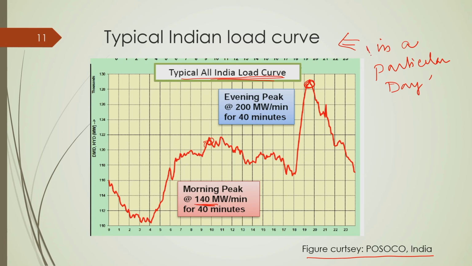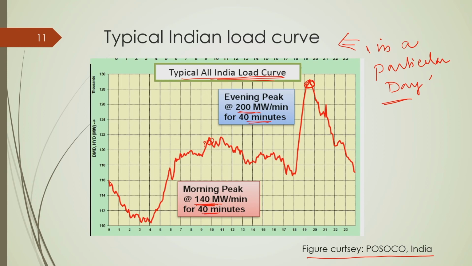As I said, the load curve changes with season and with different days. One thing you can understand is that the evening peak is 200 megawatt per minute and it sustains for around 40 minutes on average, and the morning peak is 140 megawatt and it sustains for 40 minutes.